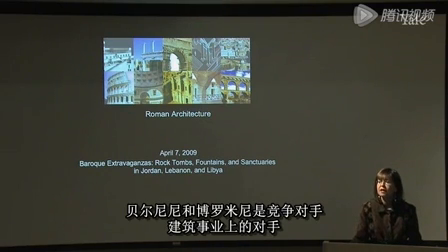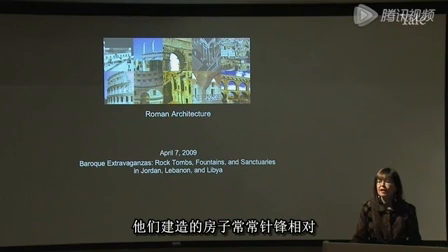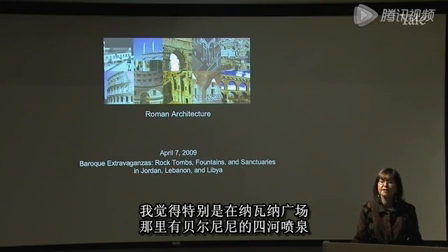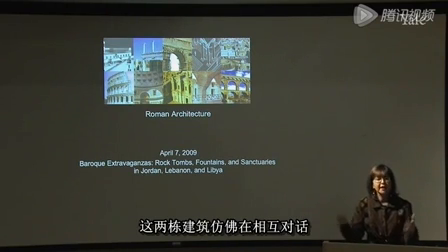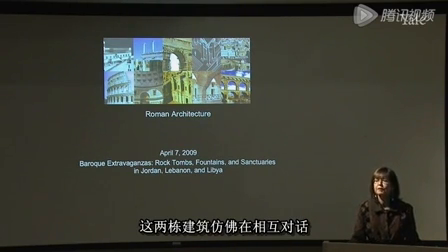Bernini and Borromini were themselves architectural rivals, and put up buildings that are often in dialogue with one another. I think in particular of the Piazza Navona, where we have Bernini's Four Rivers fountain and Borromini's church of San Agnese in Agone, and the way in which they were set up to speak to one another.